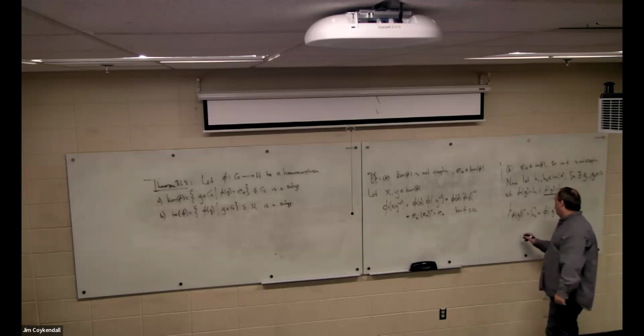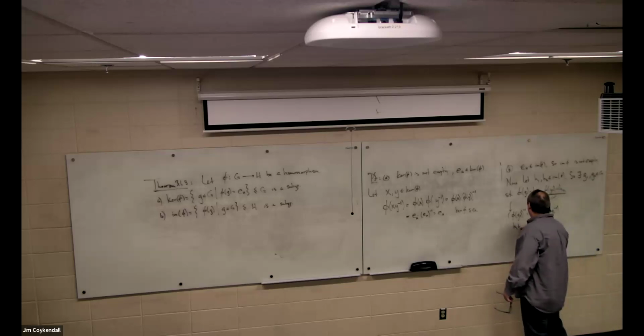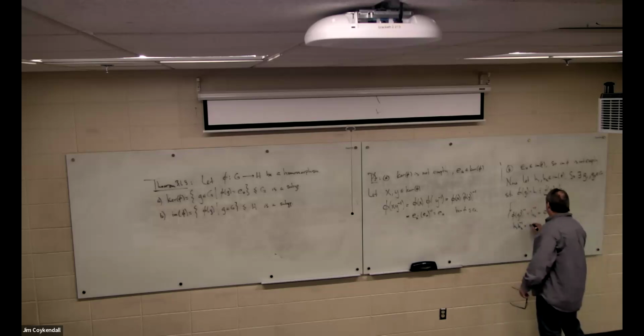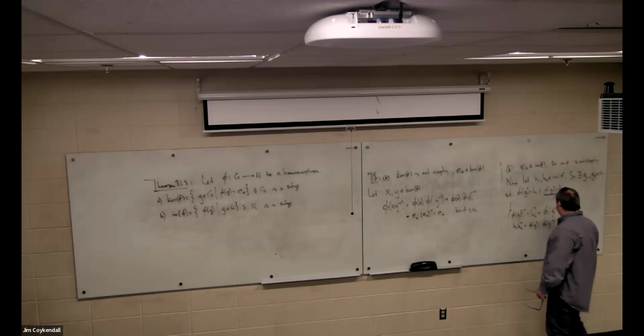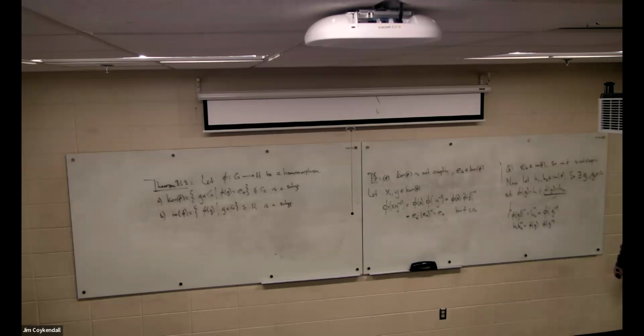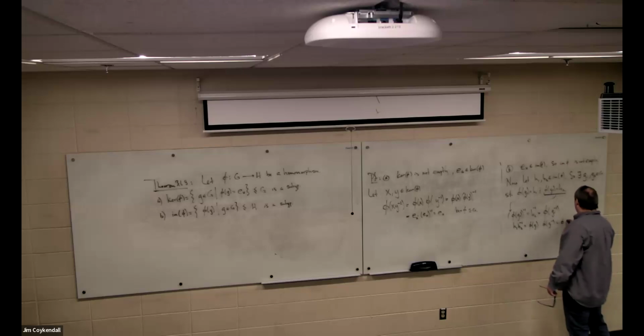Now look at h1 h2 inverse. This is phi of g1 times phi of g2 inverse, which is phi of g1 g2 inverse.